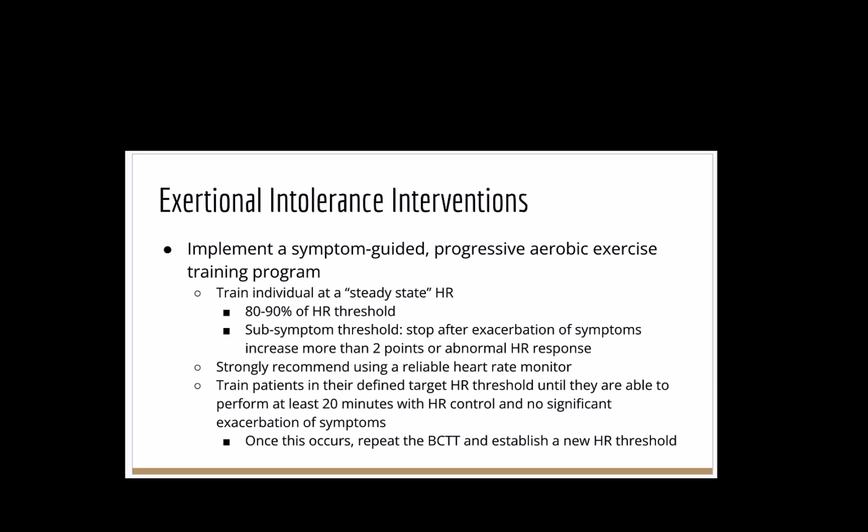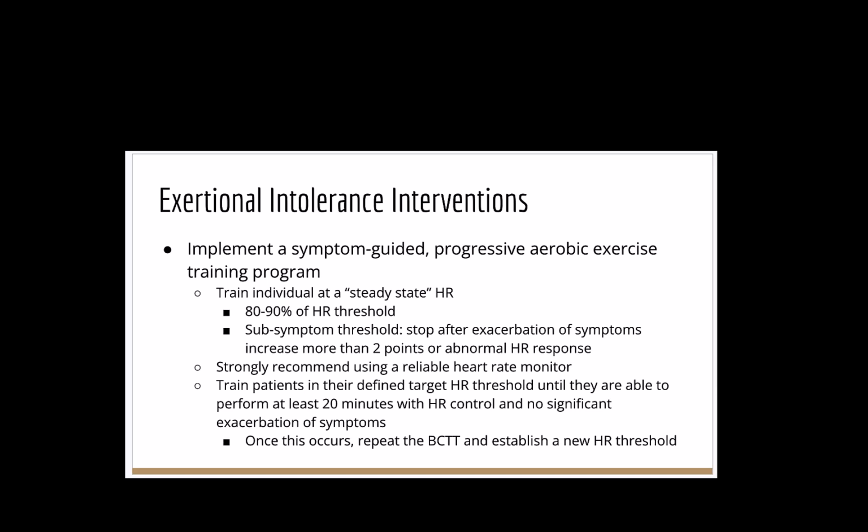There's some discrepancies depending on the sources that you use. 85% is probably a good compromise to key in on. But you want to be at least below 90% and above 80% of that heart rate threshold to really make improvements in their aerobic exercise and tolerance.